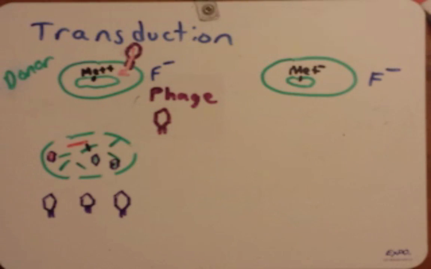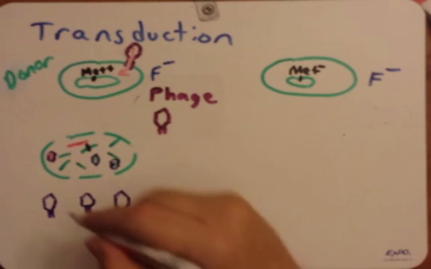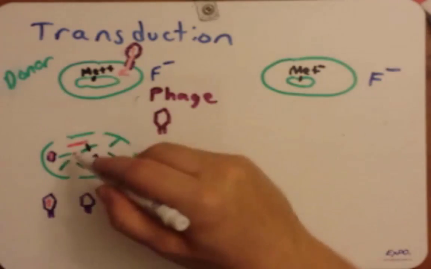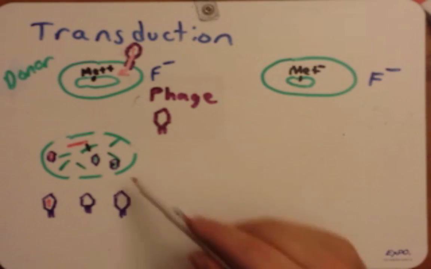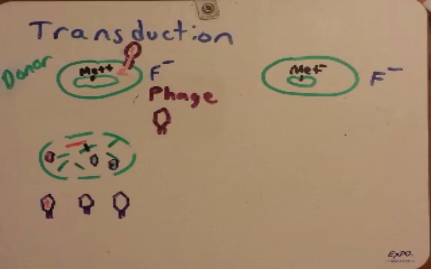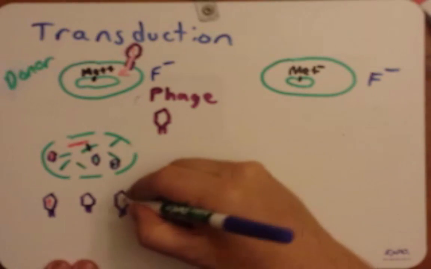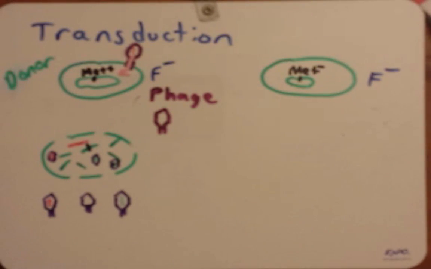And they will be free to now infect new E. coli cells. Now the ones that contain the phage genome, they will go on to infect an E. coli cell and complete this same process over and over again. However, those phage that contain the genome from the bacteria will go on to infect other cells.